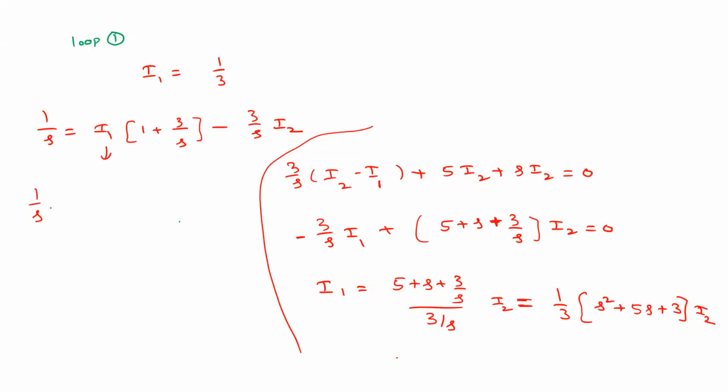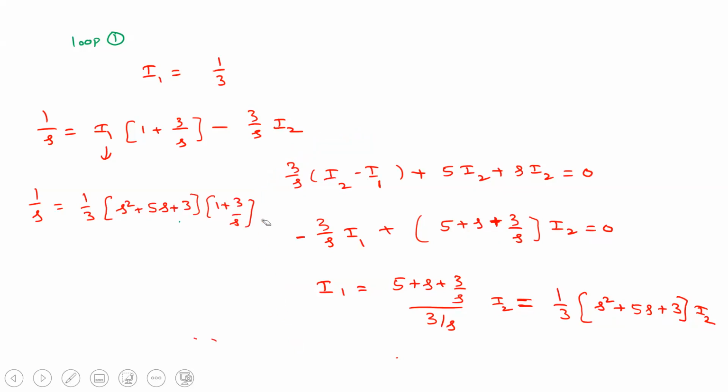So just substitute the value of I1. It will be 1 by S, with the I1 value being 1 by 3 into S square plus 5S plus 3, into 1 plus 3 by S, into I2, minus 3 by S into I2.